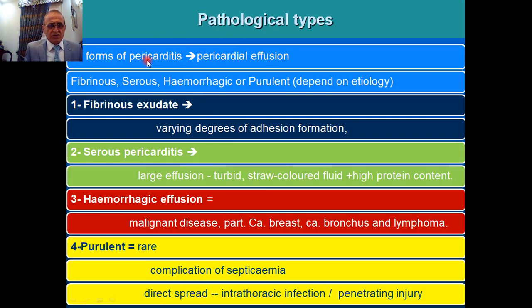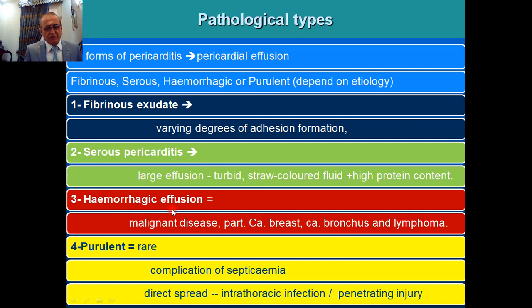Regarding the pathological types, it's important to know what pathologic process runs, because most forms of pericarditis will end in pericardial effusion, and the outcome of this effusion is very important. We have four types of reactions: fibrinous, serous, hemorrhagic, and purulent, depending on the etiological factor and pathologic process. The fibrinous exudate, for example, will cause a varying degree of adhesion, while the serous type will cause a large effusion, turbid and blue colored, with a high protein, of course.